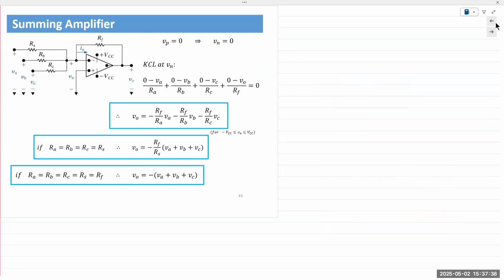The circuit diagram that we have is the inverting configuration. As the name suggests, it is an adder circuit, meaning it sums up all the input voltages that are connected at the input terminals. Now, one point about this is a summing amplifier can be both inverting as well as non-inverting. We are only looking at the inverting configuration, but the non-inverting configuration also works in exactly a similar manner, right?